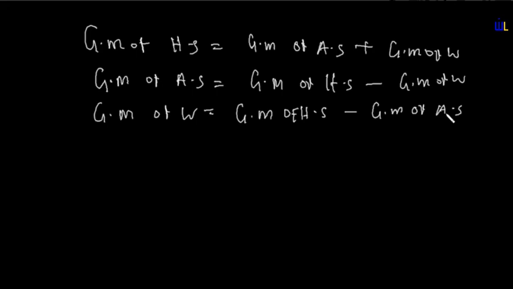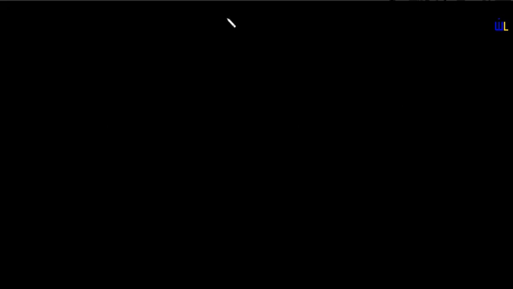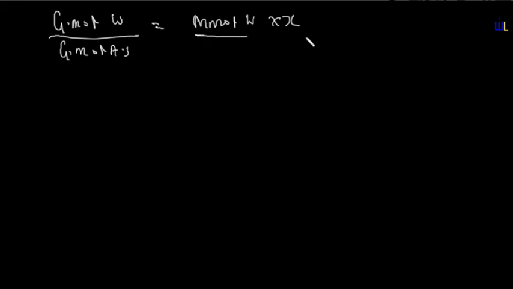Okay, so that's number one. Now, before we go on with the question, remember that there are two formulas. Can we remind ourselves of the two formulas? Given mass of water over given mass of anhydrous salt equals molar mass of water times X over molar mass of anhydrous salt.